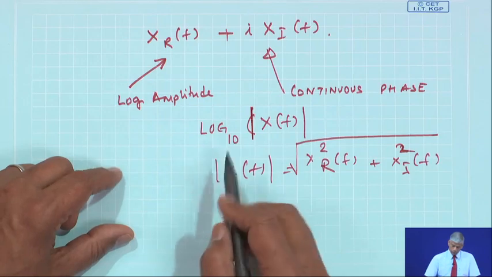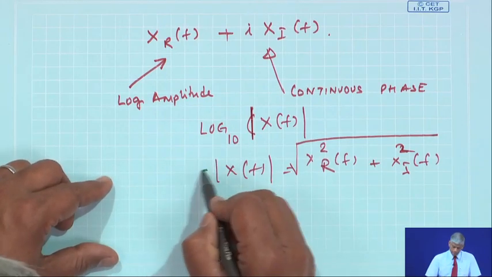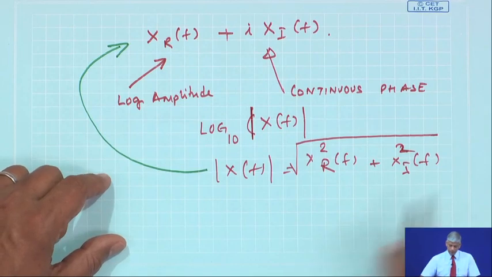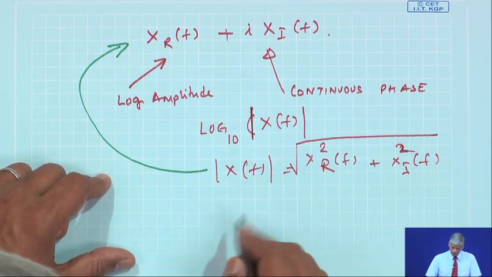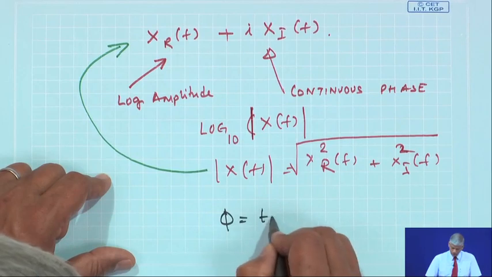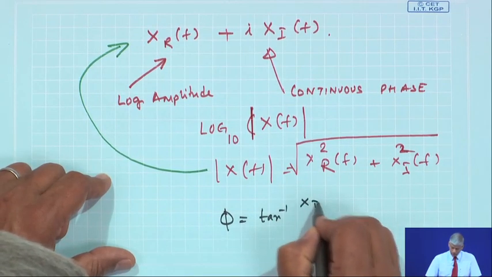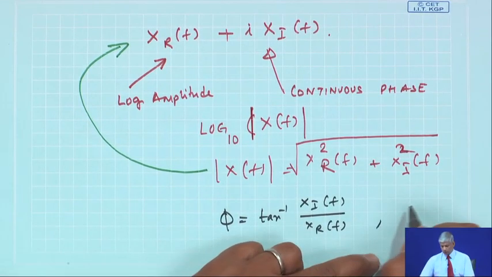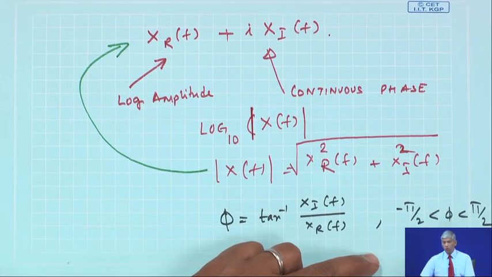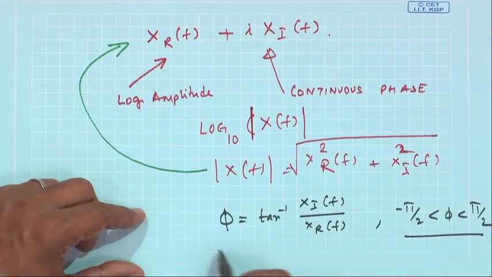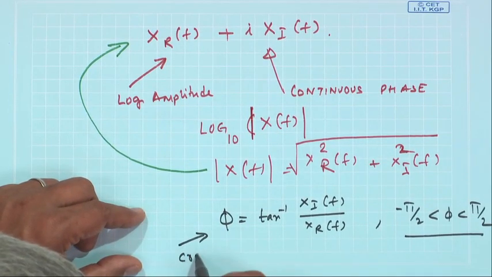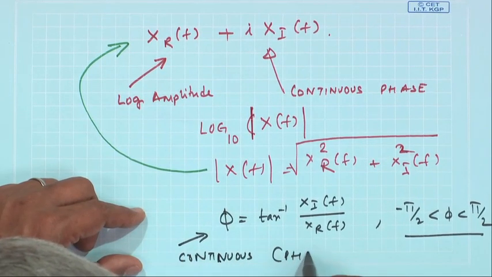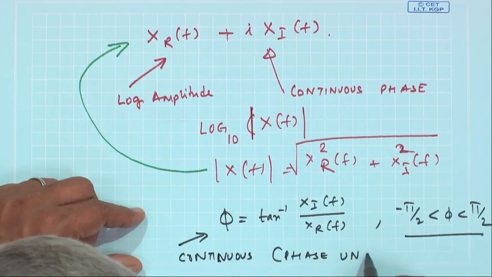So, when I do Cepstrum, I use the log scale here, and for the continuous part, the phase is nothing but tan inverse of x imaginary over x real. But you will see this phase is going to dance between minus pi by 2 and pi by 2 and so on. So, I can always make it a continuous function, which is known as phase unwrapping.